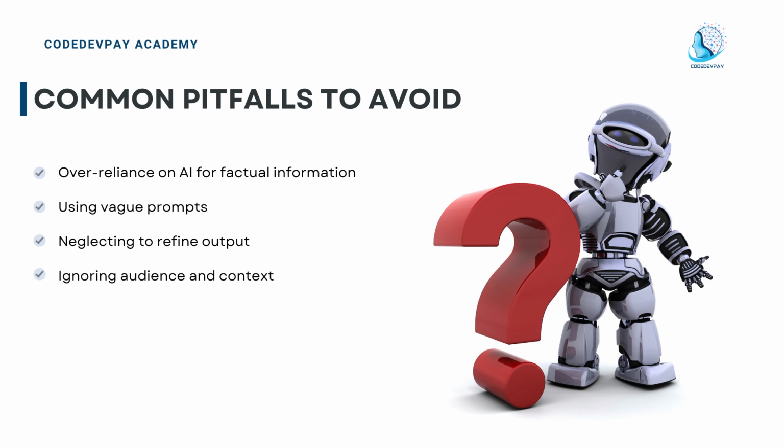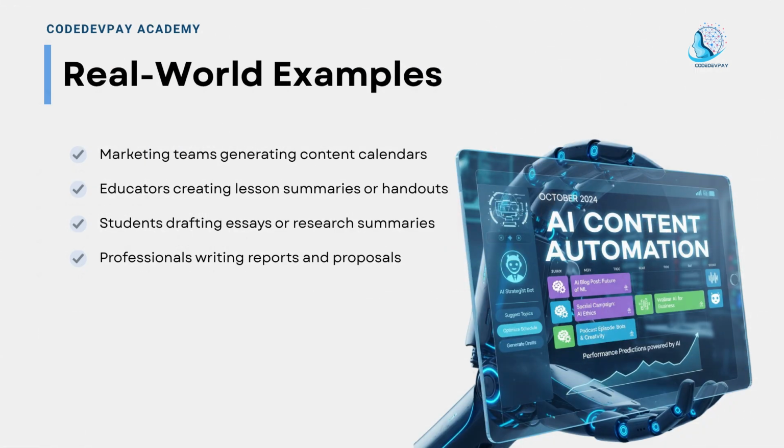So here are some real world examples of AI assisted writing and content generation. So marketing teams generating content calendars, educators creating lesson summaries or handouts, students drafting essays or research summaries, and professionals writing reports and proposals.